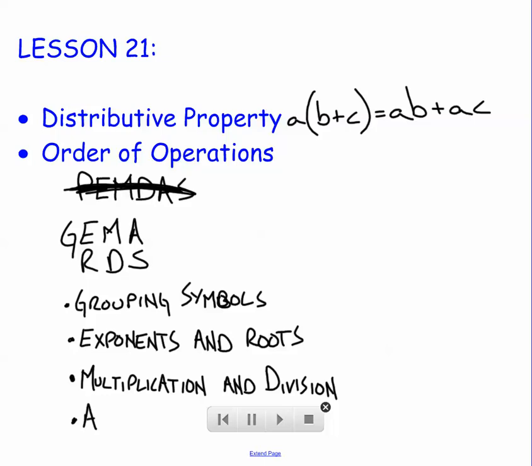And the A and the S obviously are addition and subtraction. Okay, so there's your GermDOS: G, E, R, M, D, A, S.